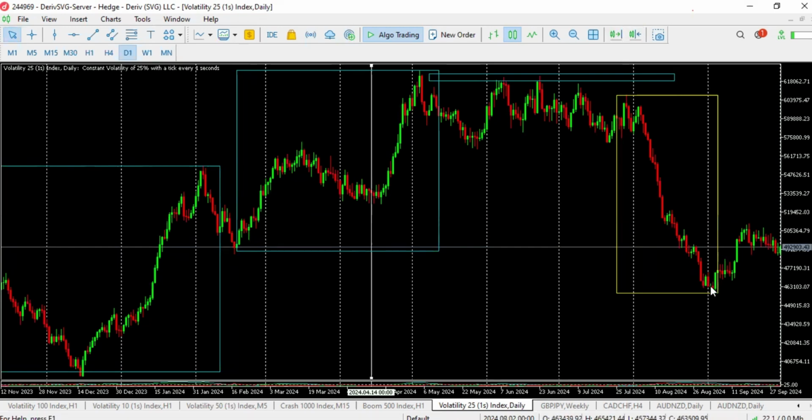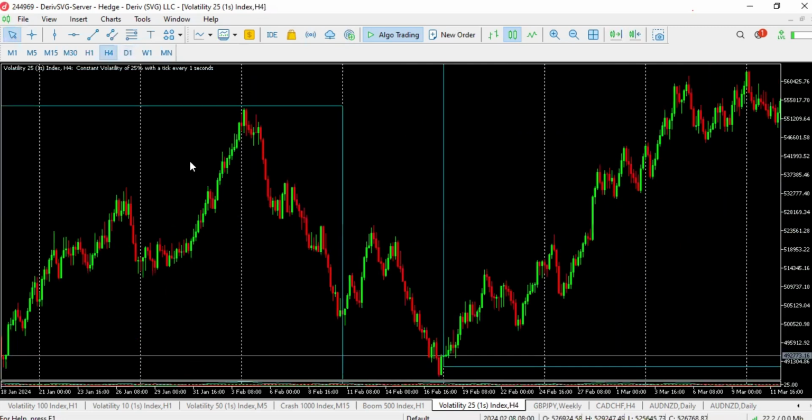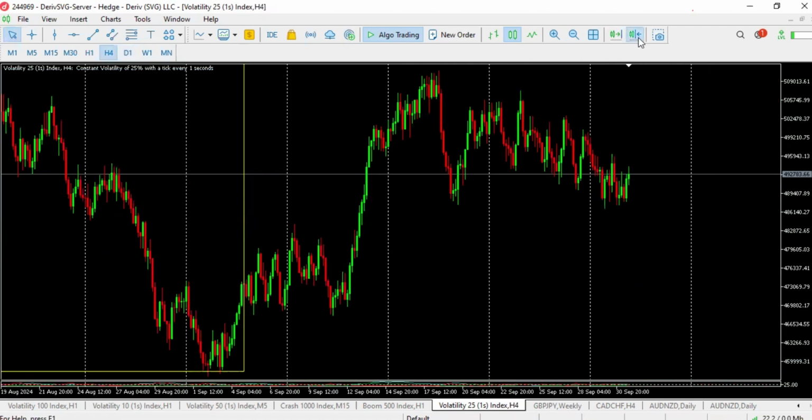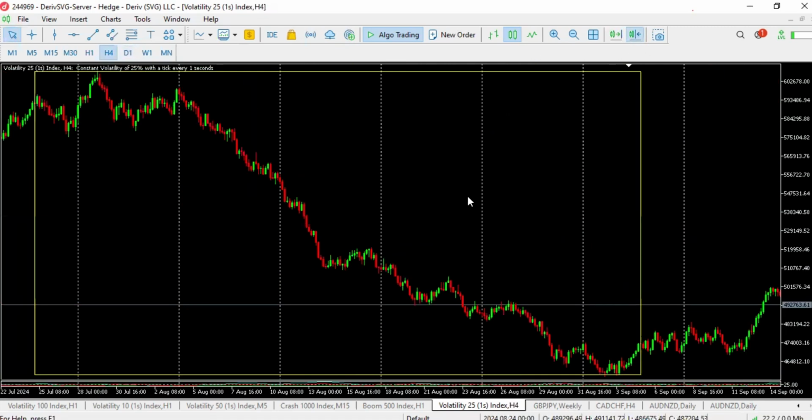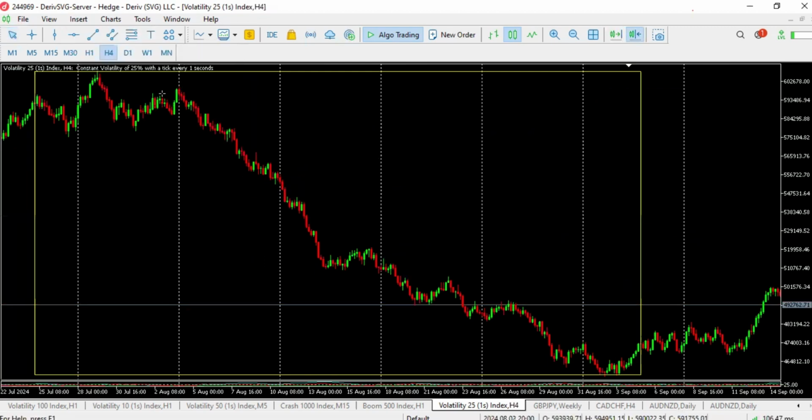Now, this complete level drop, you're going to remember what I said. Three H4 levels make up one daily level. So I'm going to move straight into the H4 time frame, and then you see what I'm saying. So this is my H4 time frame. What did you see? Yes, we had a week of drop.